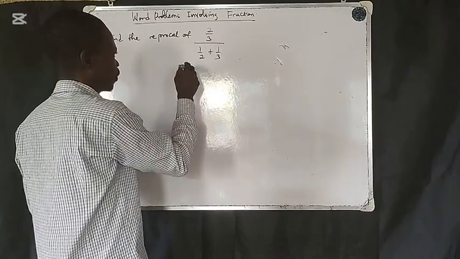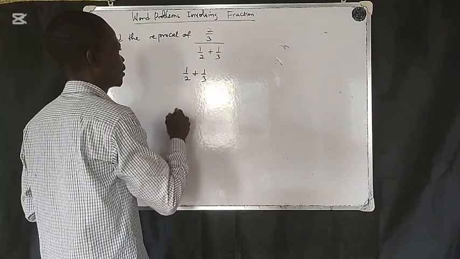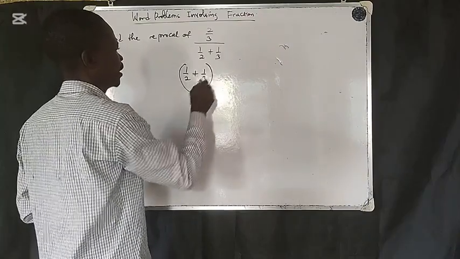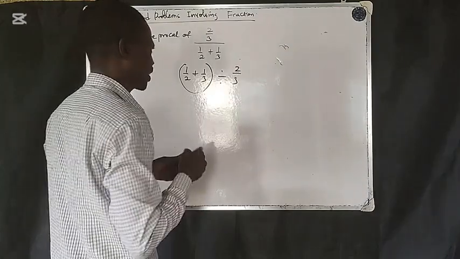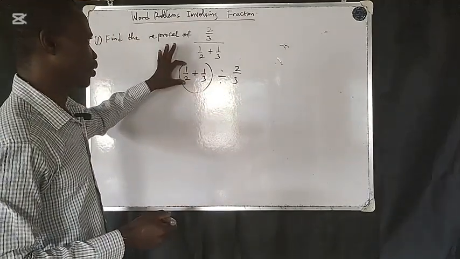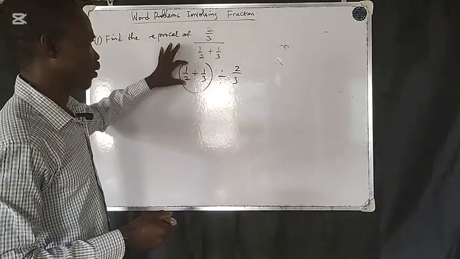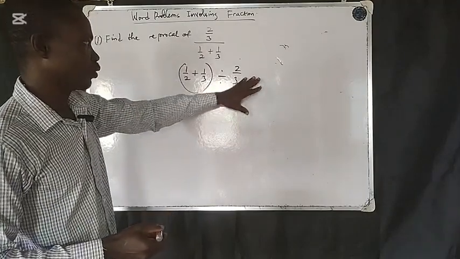So we have 1 over 2 plus 1 over 3, then divide by 2 over 3. Instead of 2 over 3 being divided by 1 over 2 plus 1 over 3, 1 over 2 plus 1 over 3 will be divided by 2 over 3.